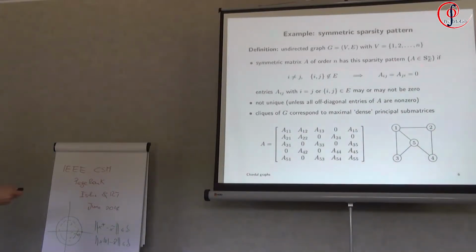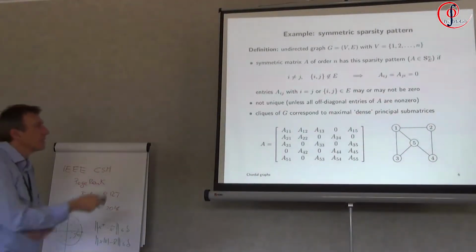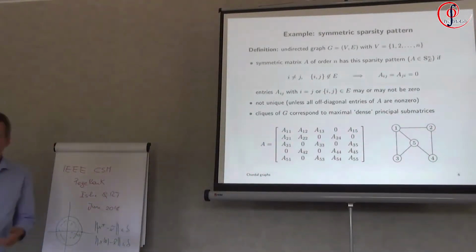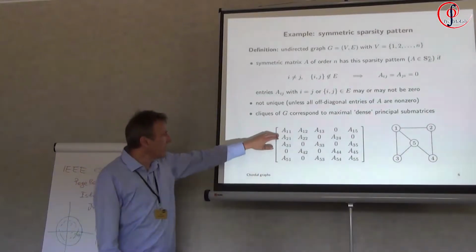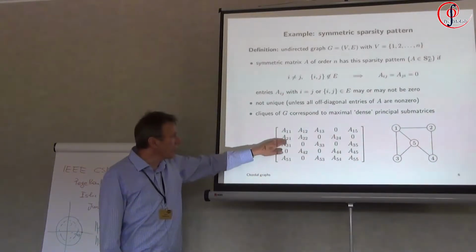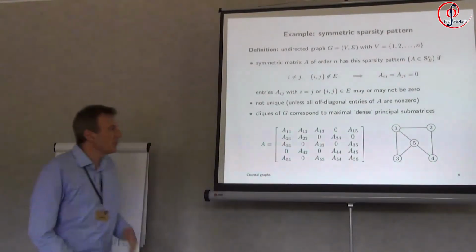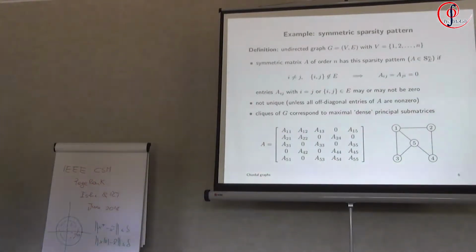If ij is an off-diagonal position and it's not an edge in the graph, then in that position of the matrix A you have a 0. If that's the case, we say that A has the sparsity pattern E. The diagonal coefficients, and the off-diagonal positions where there is an edge, can be 0 or non-zero. They don't have to be 0.